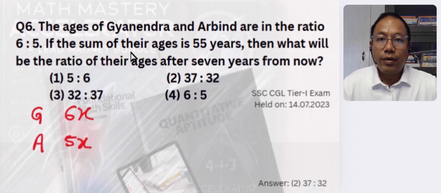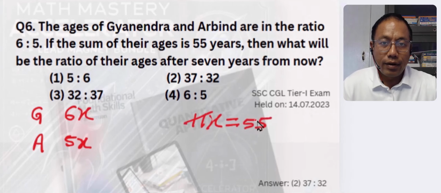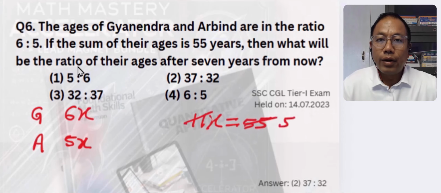If the sum of their ages is 55 years, the sum, 6 plus 5, is 11x equal to 55. Cancel it, 11 5s are 55. Then what will be the ratio of their ages after 7 years from now? After means plus. After 7 years means plus 7, plus 7.